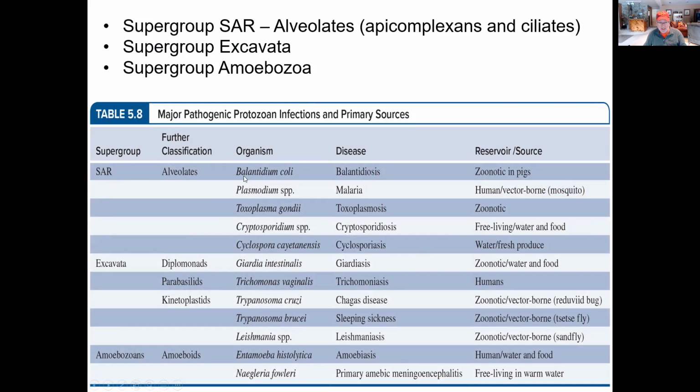But what it does indicate here are some specific organisms, of which we'll talk about a few, what diseases they cause, and finally, where do they reside, either in the environment or how are they transmitted by a vector. So let's talk about some representative pathogenic protozoans, and we'll just maybe talk about two or three, or maybe just one in this last group.